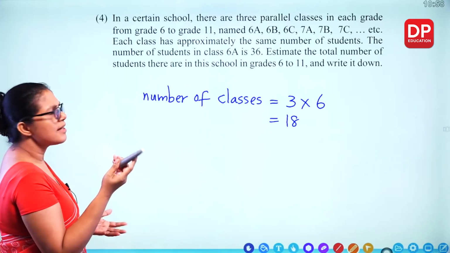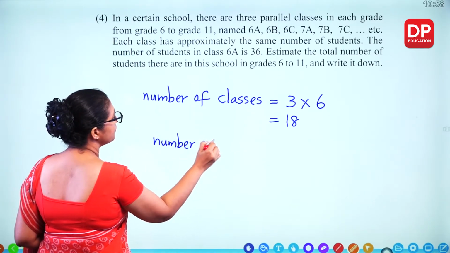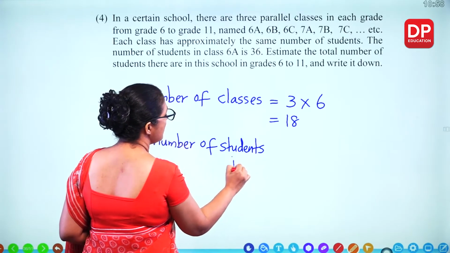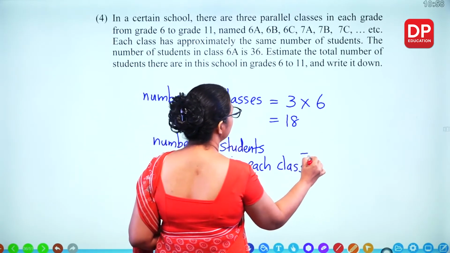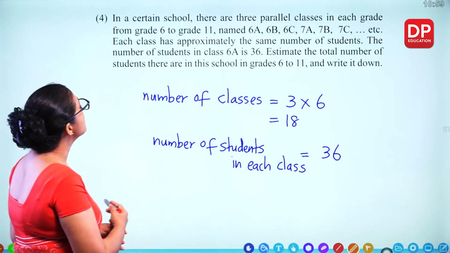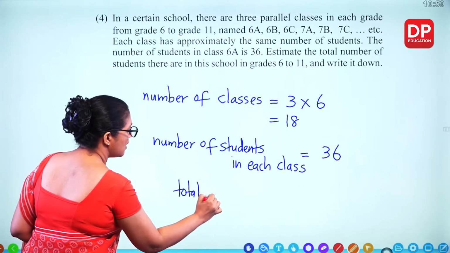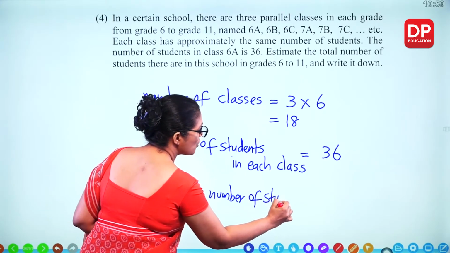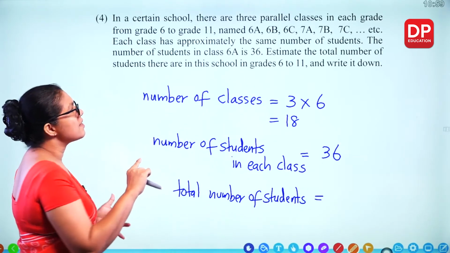Each class has 36 students. All these are estimates. So what's the total number of students? Estimate the total number of students, because we assume that in all classes the number of students is the same.